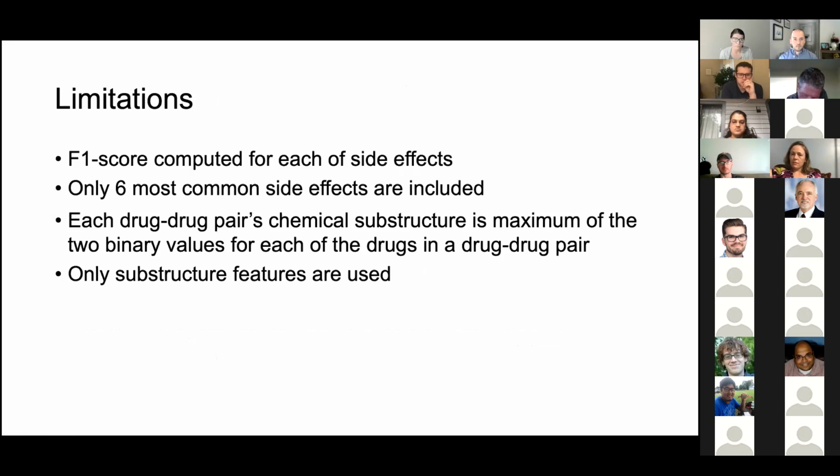I used only about six of the most common side effects for this model building. And as I mentioned, the side effects can be caused not only by chemical structure, but also by the interaction of the drugs with the proteins and genes in the human body. But in this case, I only used the chemical substructure profile of those drugs.